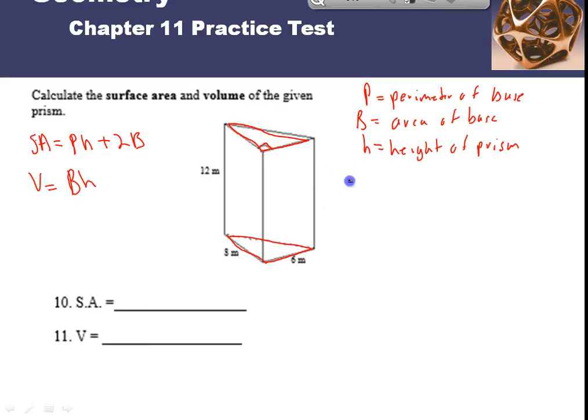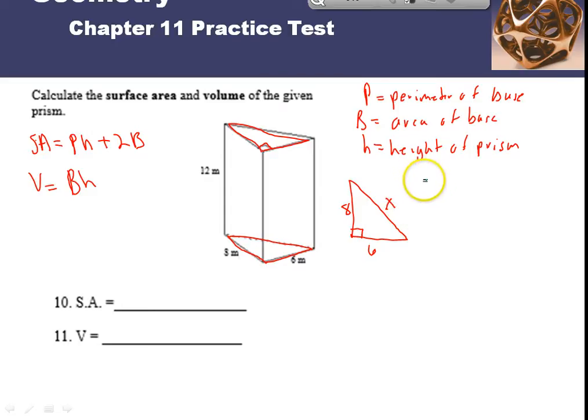It's really a right triangle, so I'm going to draw my right triangle over here. And I know that this is 8 and this is 6. Now to find the perimeter of this, I need to add up all three sides. I know that this side is 8 and this side is 6, but I don't know how long this side is, so I'm going to call that x and do the Pythagorean theorem.